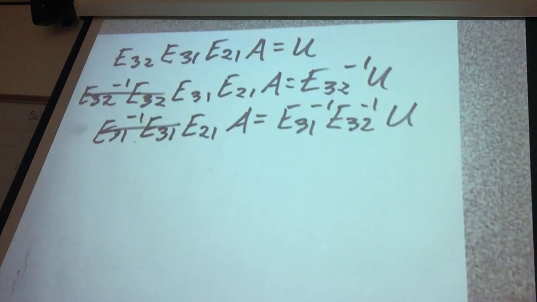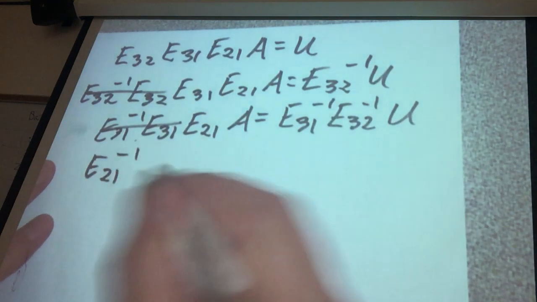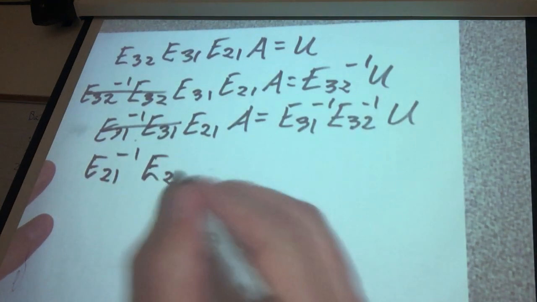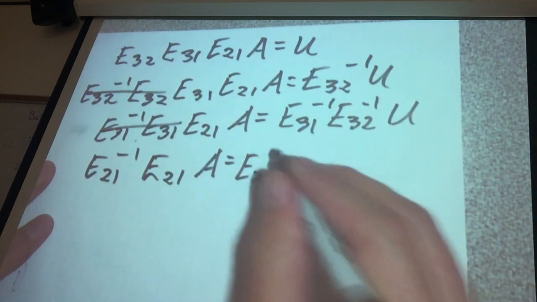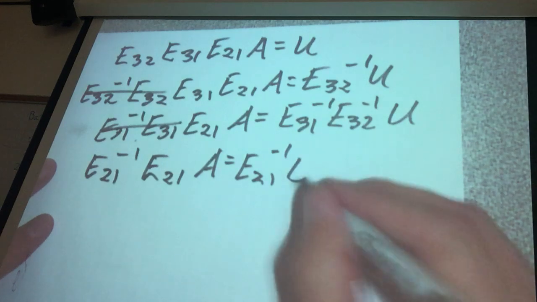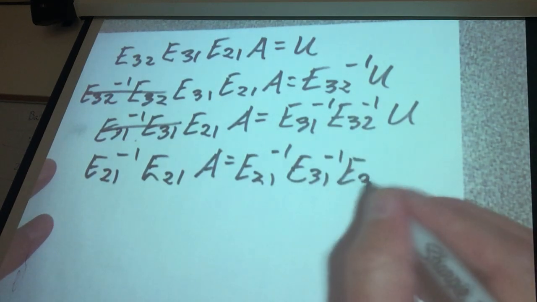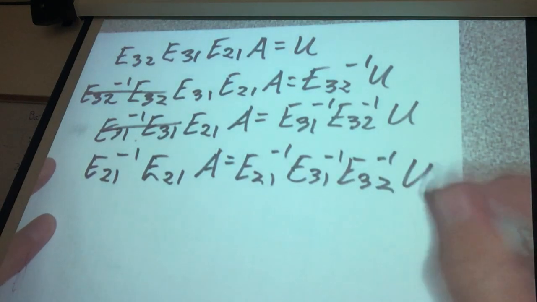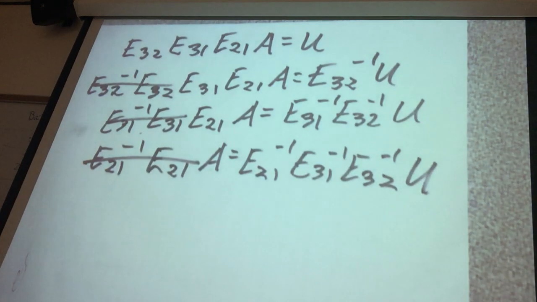Okay, and now I can hit it with the last one. E21 inverse E21A is going to be E21 inverse E31 inverse E32 inverse U. And those will cancel each other out. Okay?